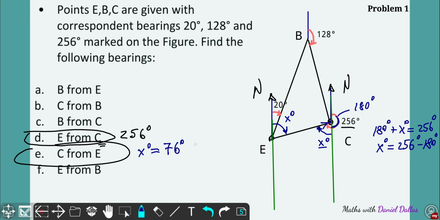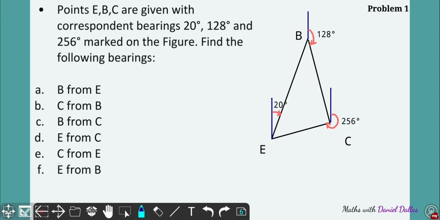All right, and the last question, F. Let's go to the next slide. So we're going to have question F. We need to find bearing E from B. So E from B. All right, so here is the point E, here is the point B. So B is the starting point because we're moving from B to E. That's our course now.